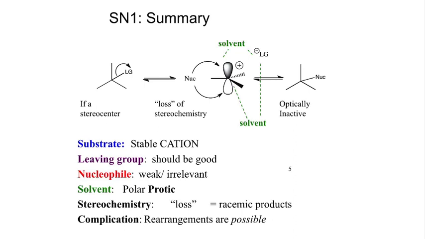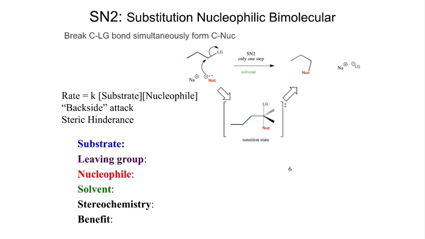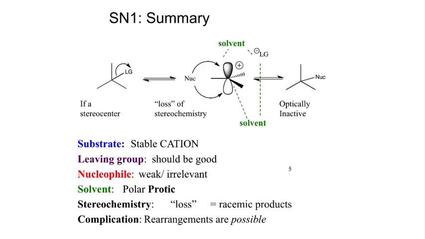Okay? Why in the SN1 was it weak or irrelevant, but in the SN2 it must be strong? Why did it need to be weak or irrelevant in the first place? So let's go back. Why was it weak or irrelevant here?